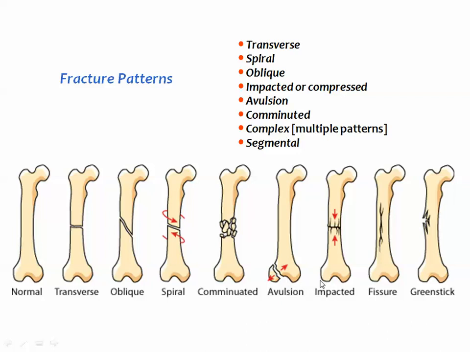I mean, here you got an impacted fracture where the edges are impacted within each other, and a fissure fracture, an incomplete fracture line within the bone, and the green stick fracture, which means disruption of the cortex on one side and the opposite cortex remains intact.